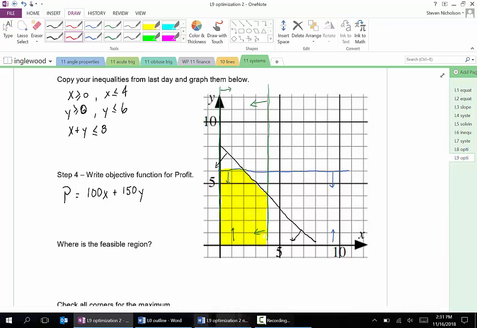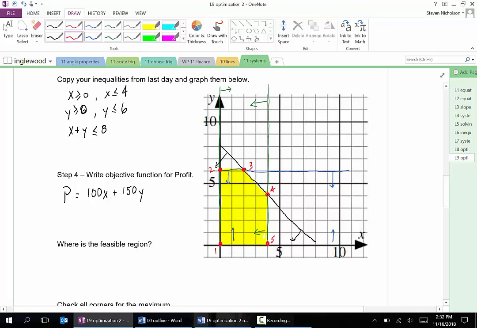So this looks like, wow, this is going to be a really hard problem to figure out. But if you look at your feasible region, it's going to turn out that the maxes and mins occur at corners, and if you don't believe me, check a bunch of points. I'm just trying to give you a heads up.